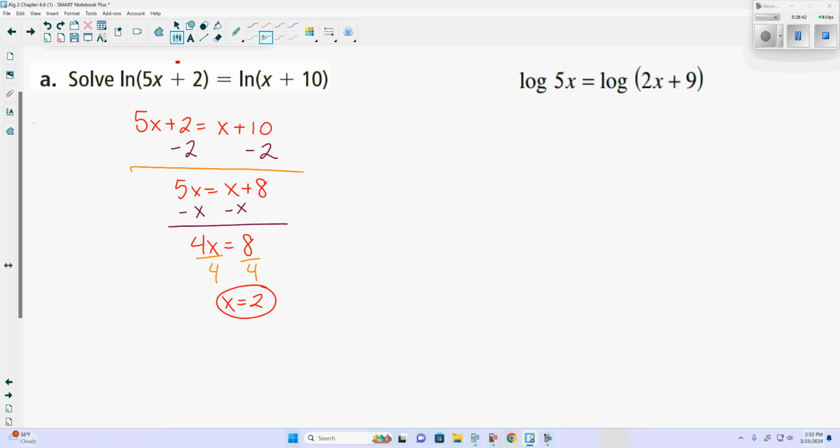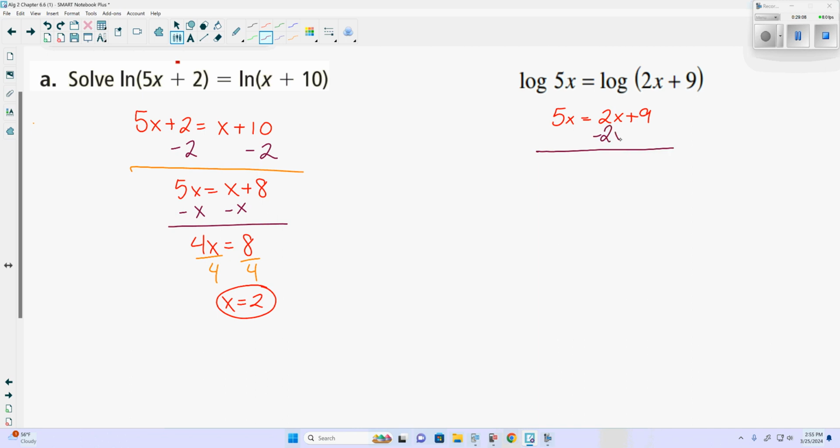Questions on these here? Do we like these for the most part? Our next one, log of 5x equals log of 2x plus 9. The logs are the same, yes? So that tells us that 5x is equal to 2x plus 9.